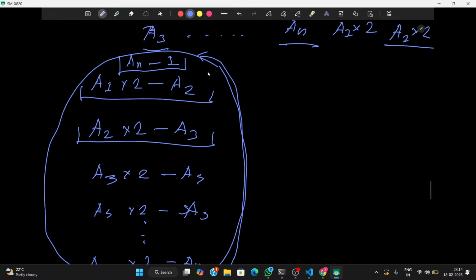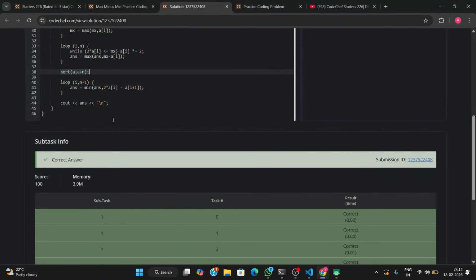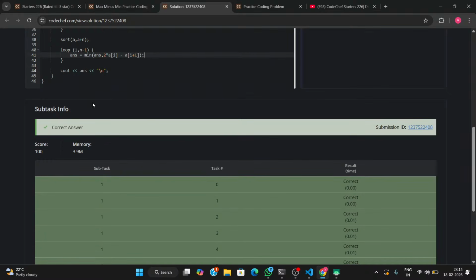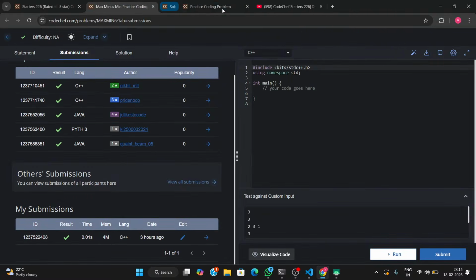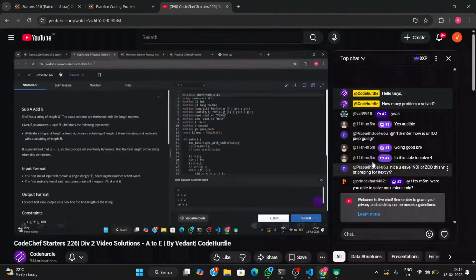AN minus A1, if we say that it is 0 indexed, then AN minus 1 minus A0. This will be our final answer. And now we can convert our answer to these particular values also. For that, we run a loop. We simply did answer will be either answer or 2 into AI minus A of I plus 1. That's what we can convert our answer to. So that will be our final solution for this problem also. I hope it's clear to everyone.